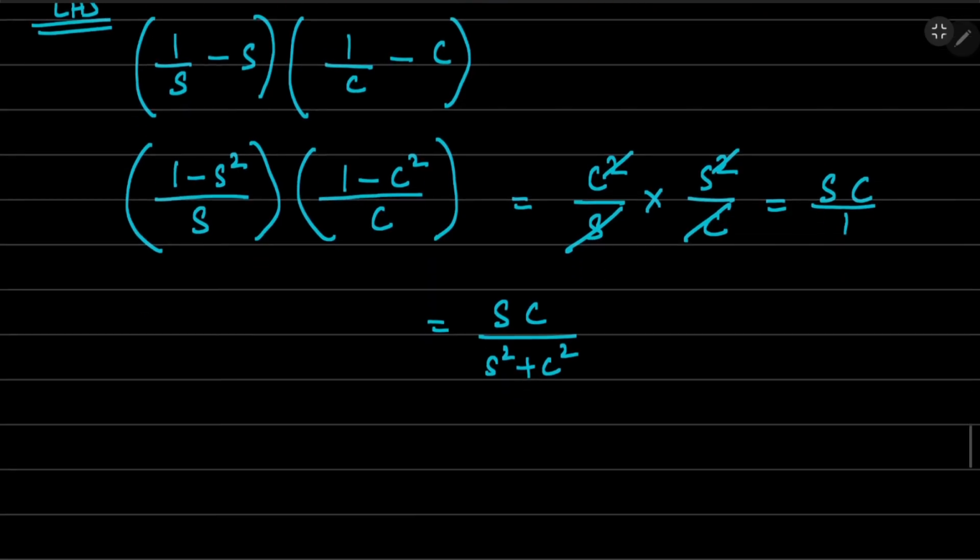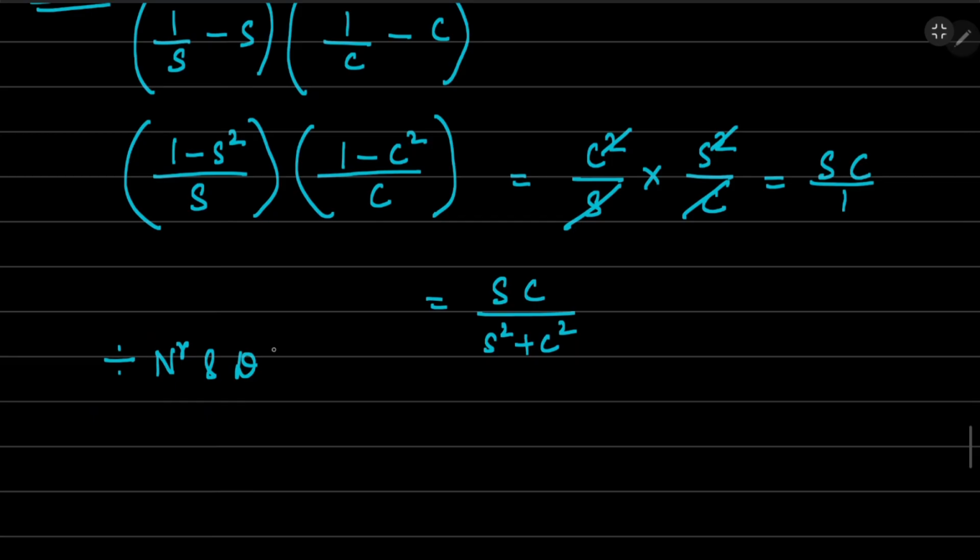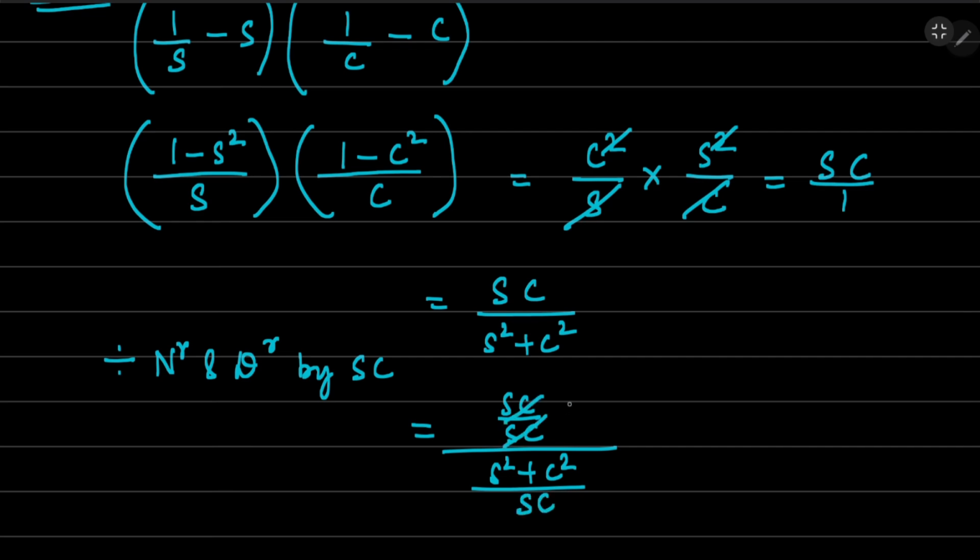Okay, and then what I'll do is I will divide the numerator and denominator by sine cos, because I need a 1 in the numerator. So what will I get? Sine cos by sine cos divided by sine square plus cos square divided by sine into cos. So this will become 1, right? So 1 over, in the denominator, you just split it.